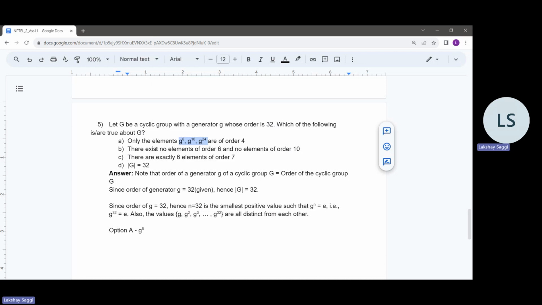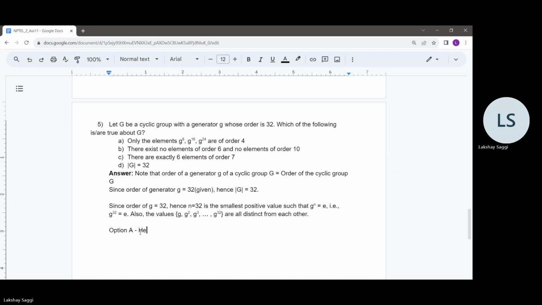The option says only g to the power 8, g to the power 16, and g to the power 24 are of order 4. So to verify this option, we need to do two things: verify that these three elements have order 4, and show that no other element will have order 4, right? Only then can we say that only these elements are of order 4.